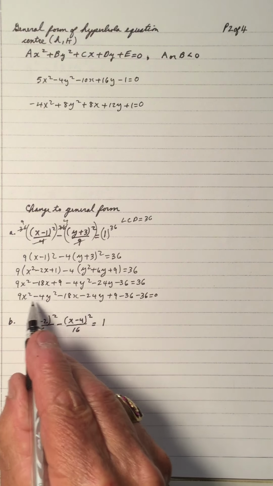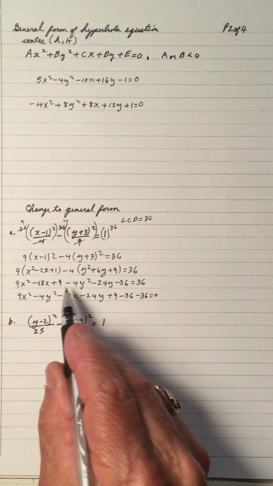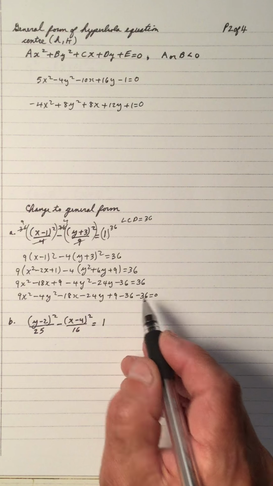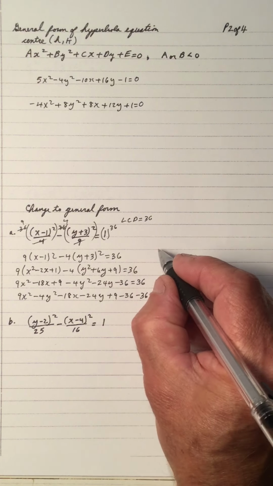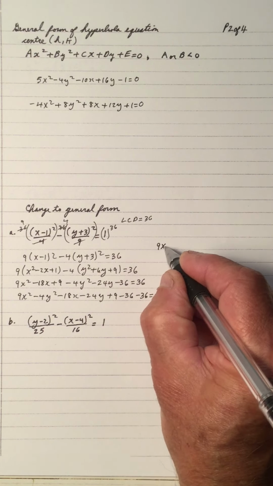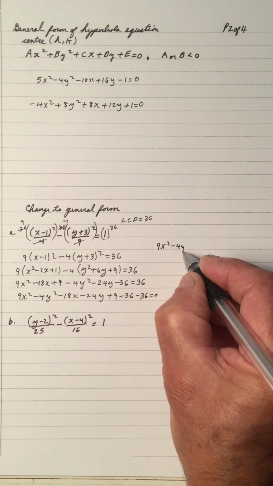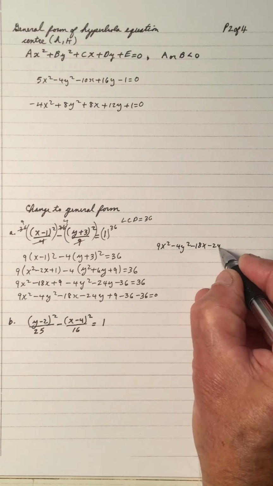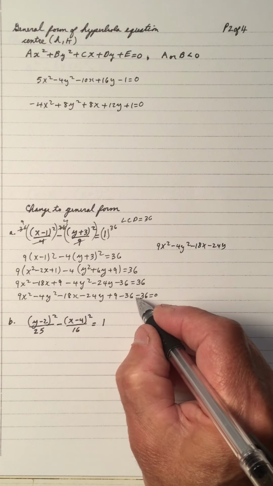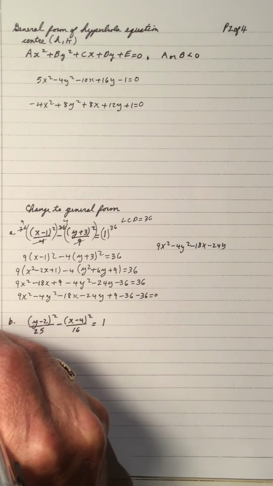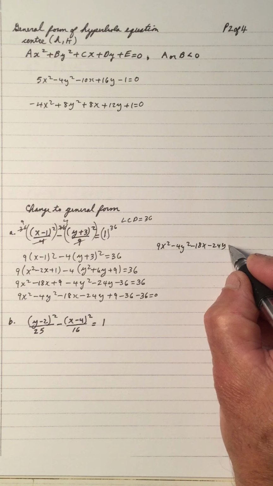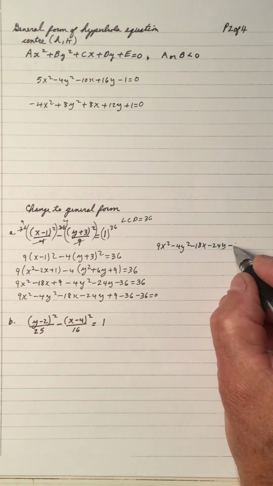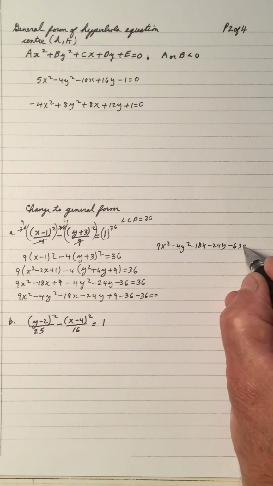So we go x squared, y squared, x, and then the y, and the constants go on the end, and the 36 moves to the left and becomes negative. So the final equation is 9x squared minus 4y squared minus 18x plus 24y, and that's a 72 and 9, so negative 9 off of that is negative 63, equals 0.